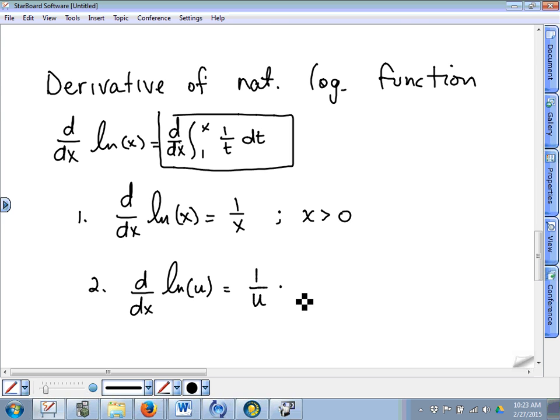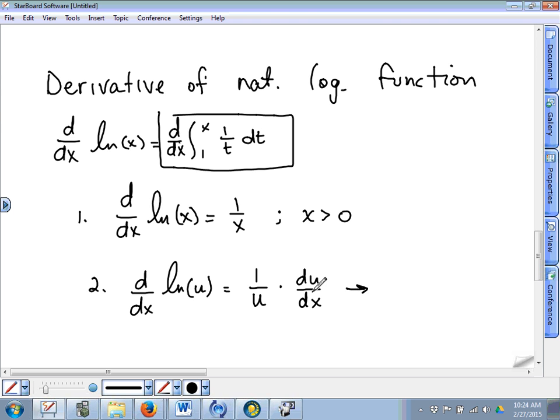Times du dx. But now you've got to take the derivative of the inside function. That's exactly what the chain rule is, kind of like implicit differentiation. Now, most textbooks have a slightly different notation.